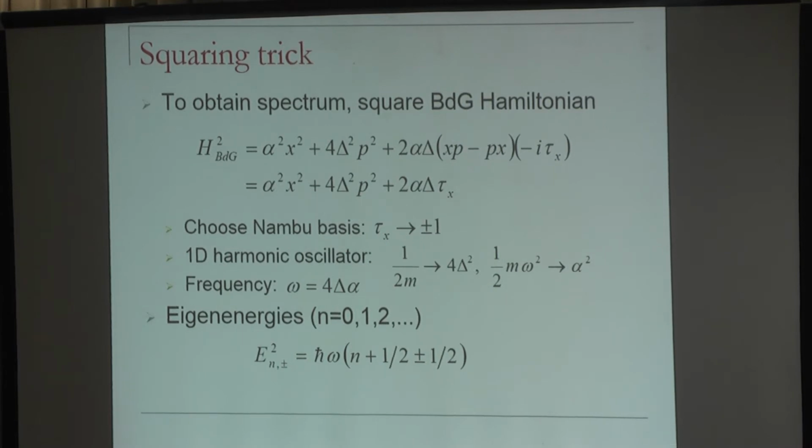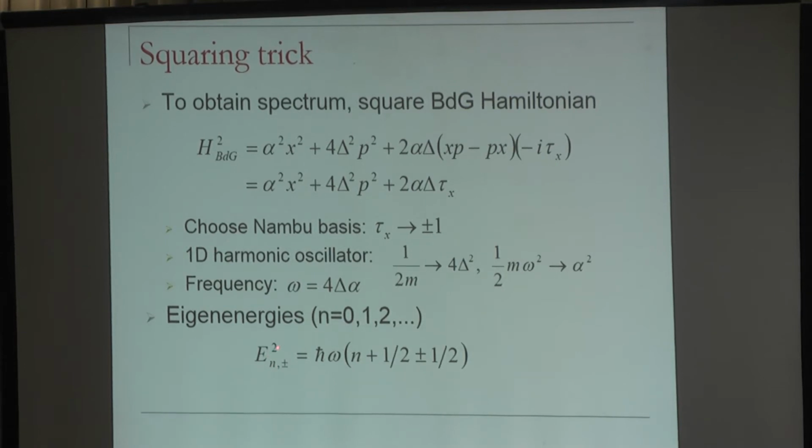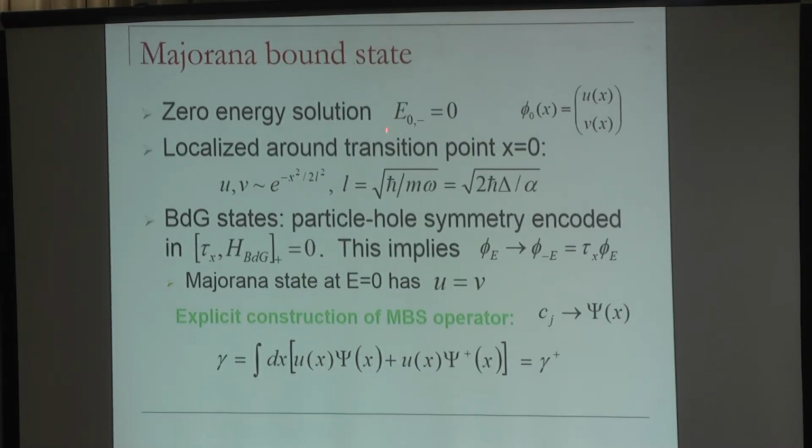Now we are looking for a zero energy solution. So we put n equal to 0, the ground state of the oscillator, and pick the minus solution. So E squared for 0 minus is clearly 0. That will be our Majorana solution. So we have n equals 0, the ground state of the harmonic oscillator.